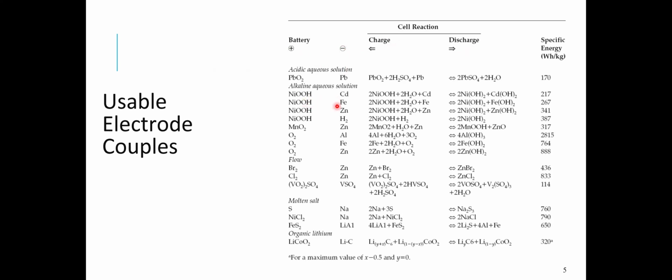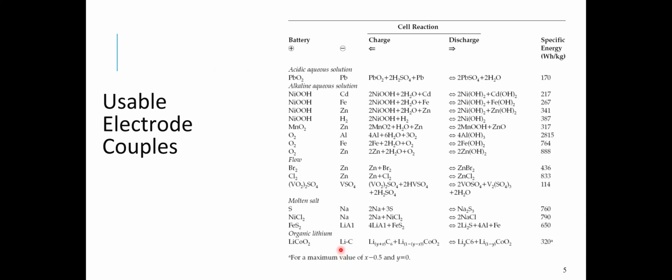So this is nickel iron, which is also known as nickel metal hydride batteries. We have aluminum oxide batteries, iron oxide batteries, zinc oxide batteries, zinc bromine batteries, zinc chloride batteries. We have molten salt batteries that use sodium sulfur, for example, and some other chemistries here.